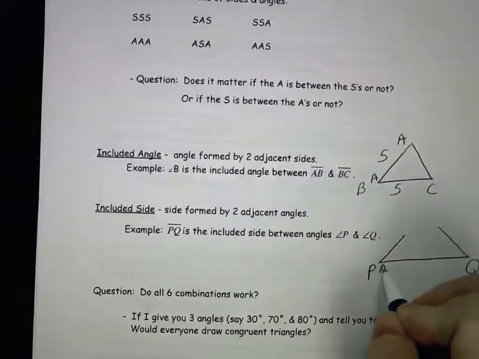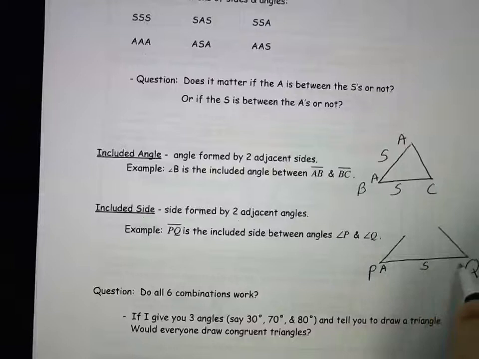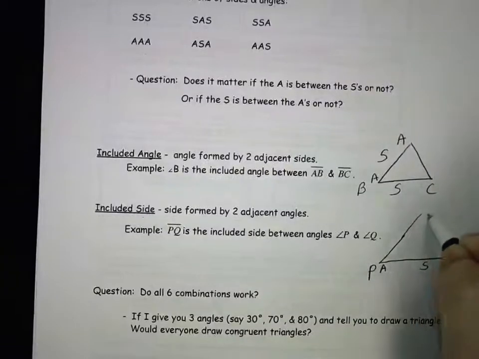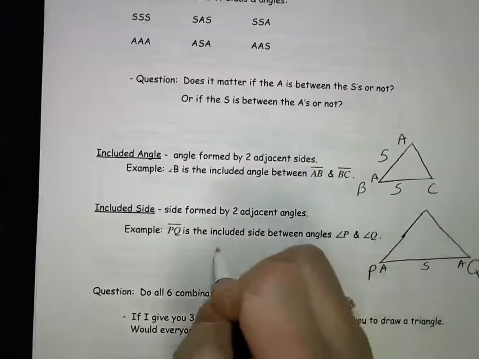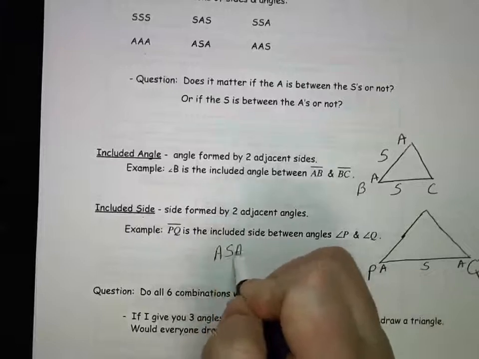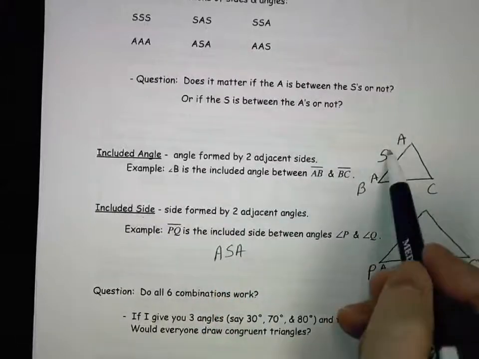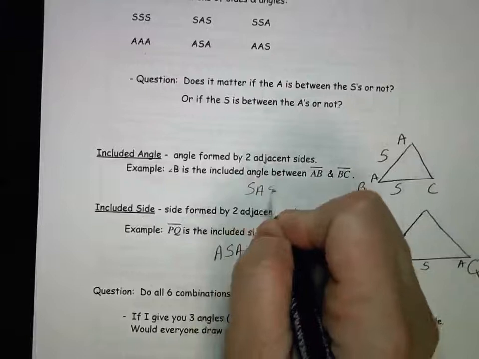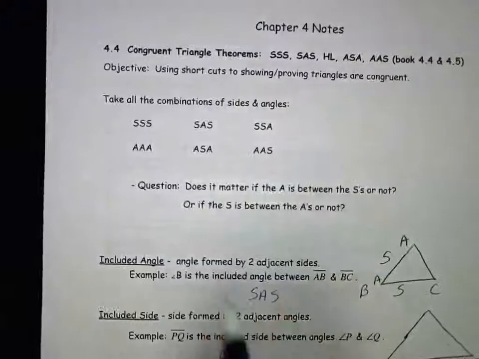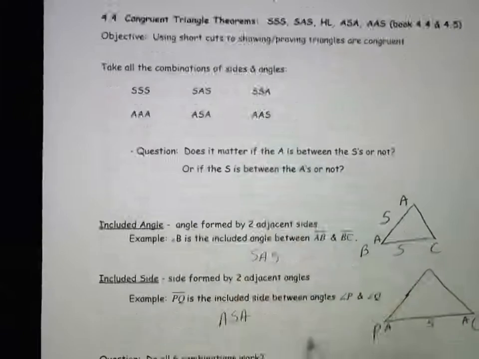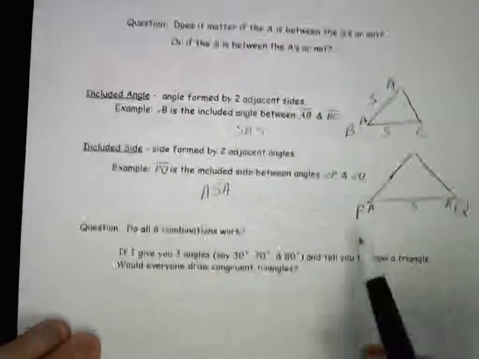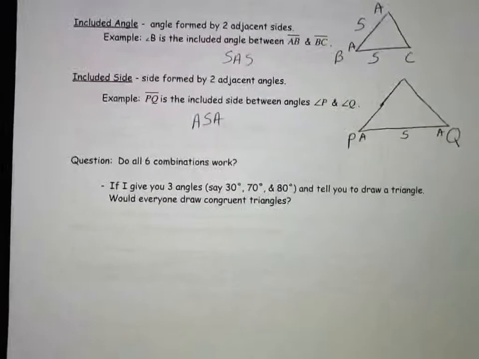So this one would be angle, side, angle, and we can connect this up here to form a triangle, but these are the only three things we know: angle, side, angle. And we said this one up here would be side, angle, side. So we have these 6 combinations right here, and the question is, do all 6 of these combinations work?